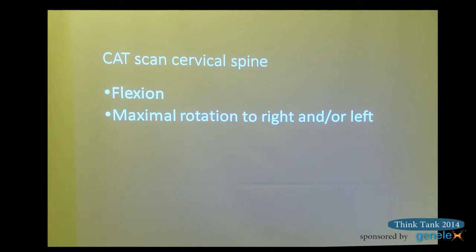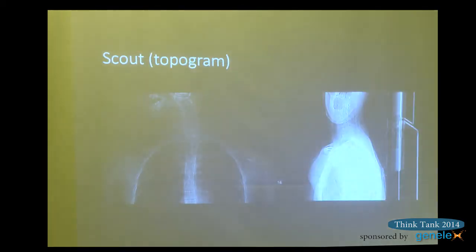On CT of cervical spine, we often do it in flexion and maximum rotation to the right and or the left. This is really an indirect indicator of atlantoaxial instability. That's the first and second vertebrae where there's rotation, and that's more than 50% of our ability to turn our heads to the right and the left.